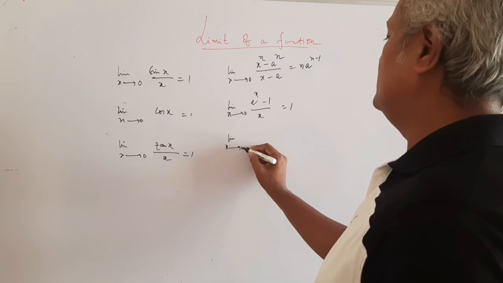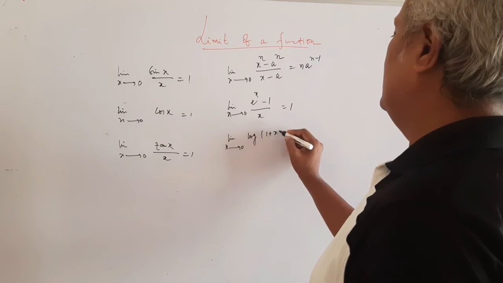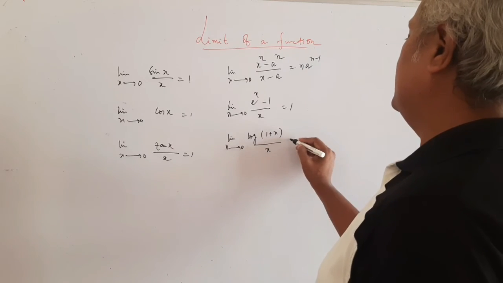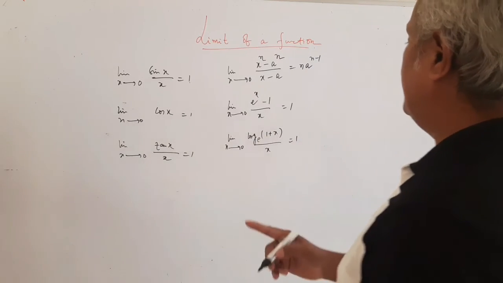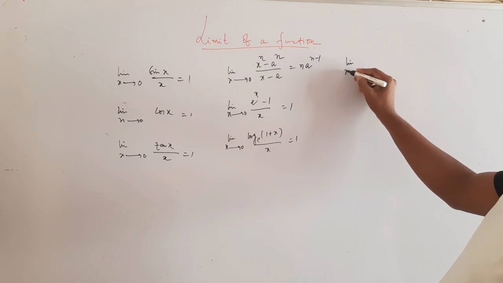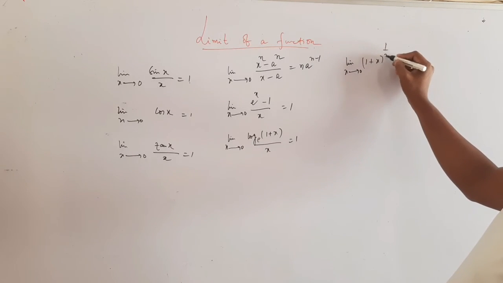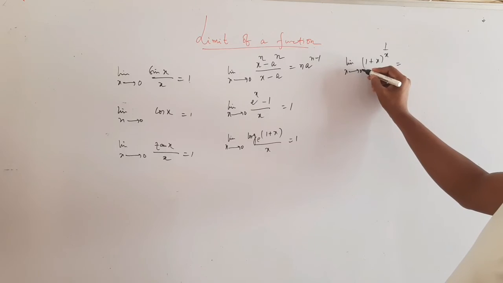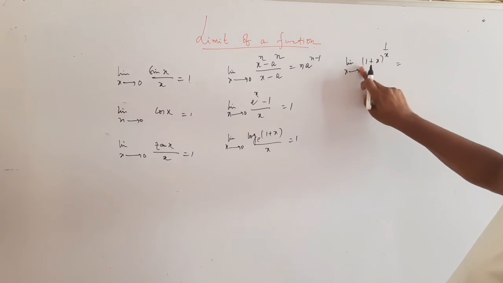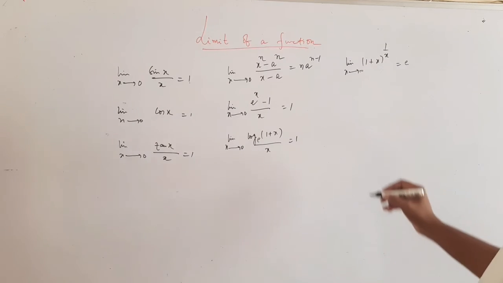Limit x tends to 0, log of 1 plus x upon x is 1 for the base e. Then we have limit x tends to 0, 1 plus x whole to the power 1 by x is e.